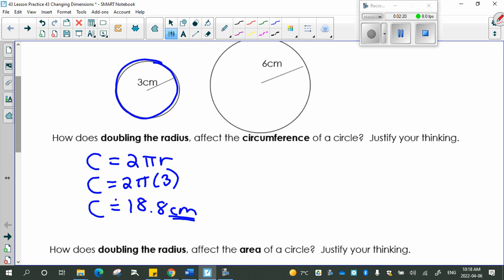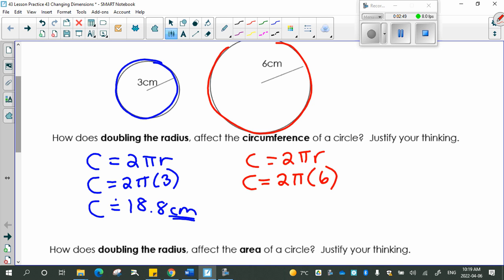And then let's do this one. So we're also finding circumference, so we also use the same formula. So the radius for this one is 6, which is double.